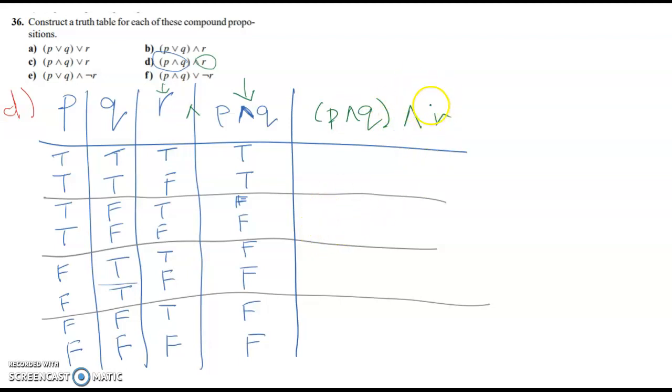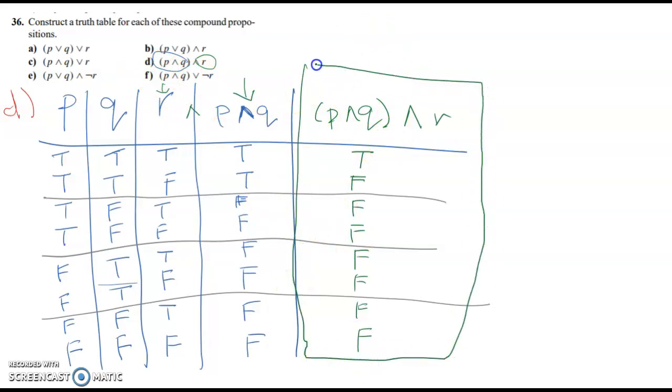And again, if it's AND, then remember that both of these, the fourth column and third column, have to have a true value for this to be true. Okay, and they don't match, so this is F, another F, F. That's it. So your answer for D is going to be our last column, which looks like this.